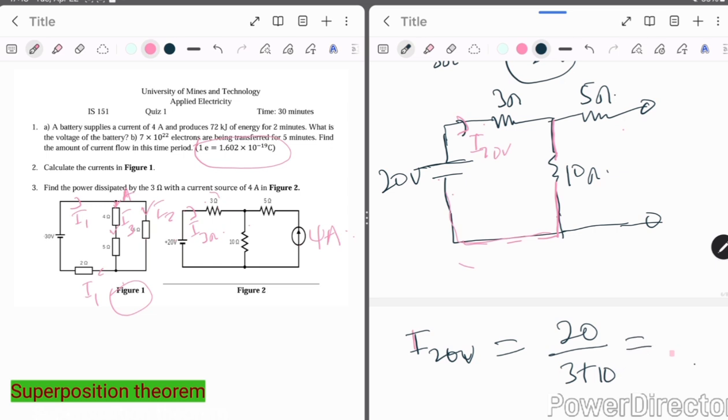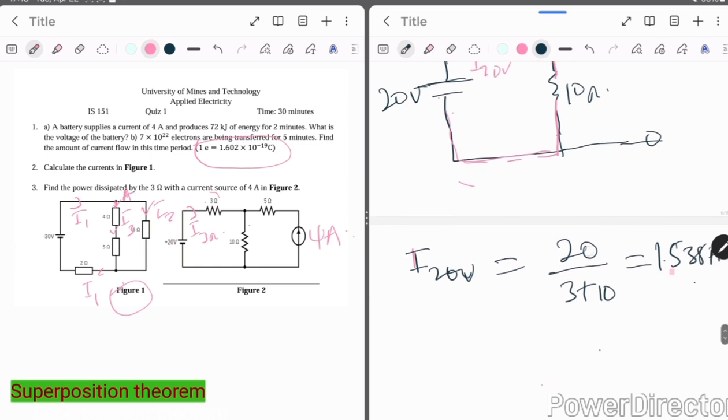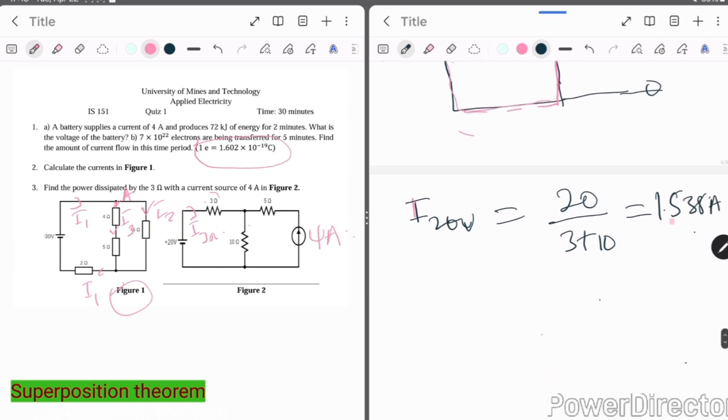And this will give us 1.538 amps. So we get this.